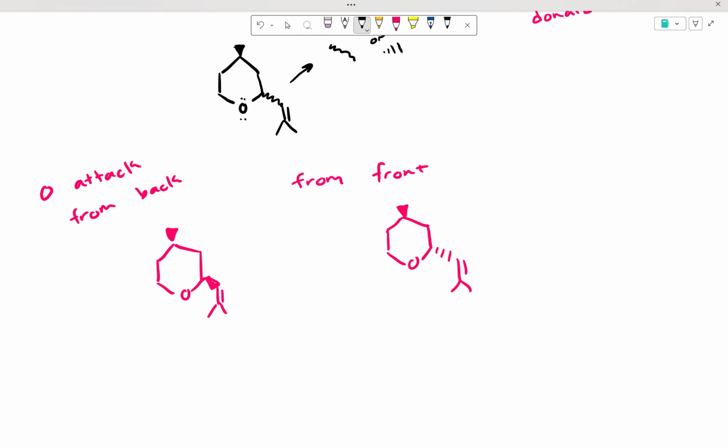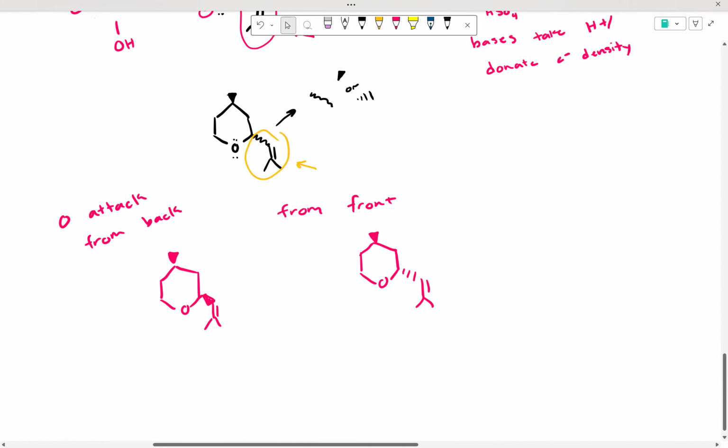So the bond that's here is going to move forward when the oxygen attacks the carbon from the back. If someone pushes you from the front, the bond there is going to move to the back. And so that's why we have these dash and wedge bonds.